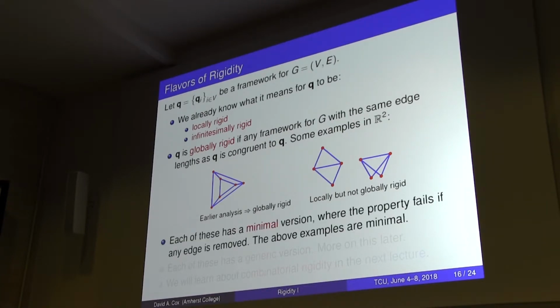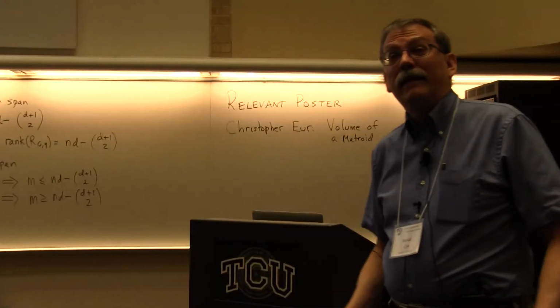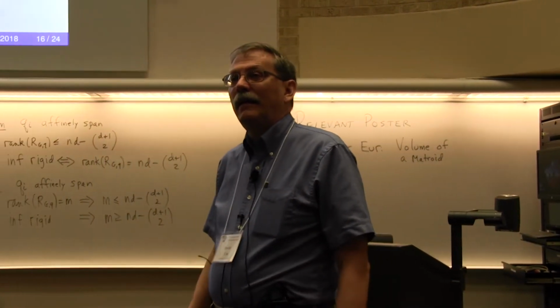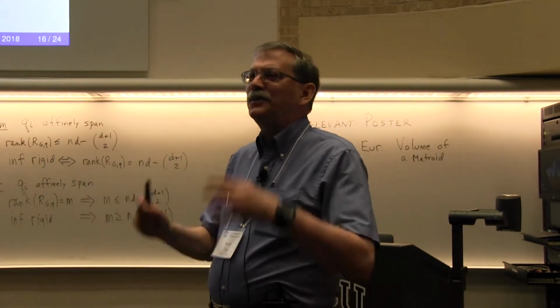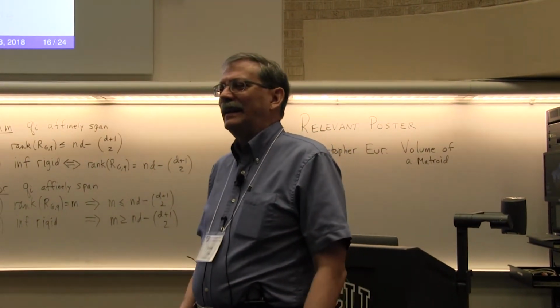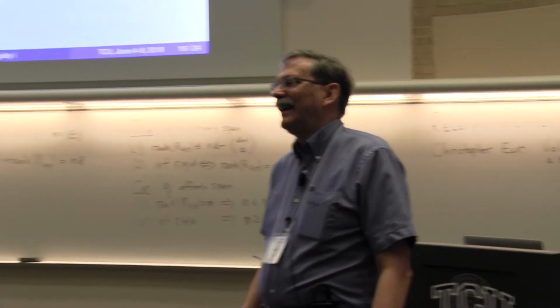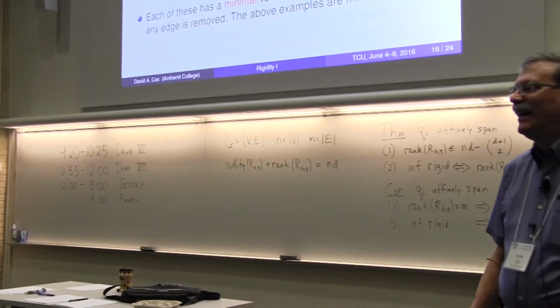But it isn't rigid in R3. That's right. Yeah. So in R3, these would be related. So again, rigidity is very dependent on the dimension. If you have something that's locally rigid but not globally rigid, you can always embed it in a high enough dimensional space. And my answer for a lot of questions like that today is going to be: ask Jessica. There's something called universal rigidity, and that means rigid in all dimensions.